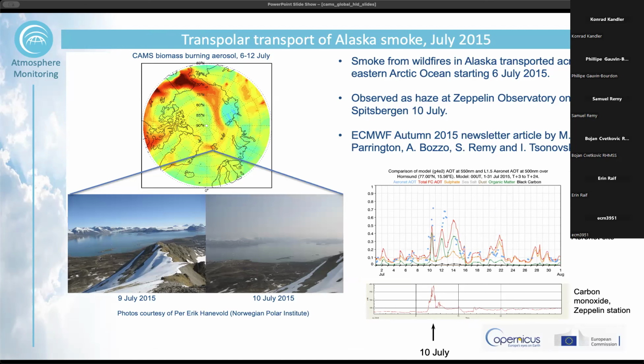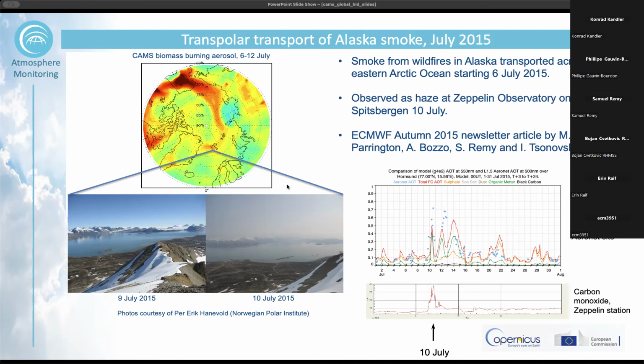This is a case from a lot of years ago, from July 2015. This was a smoke transport episode coming from Alaska over the eastern half of the Arctic and reaching Svalbard. Again, similar to some of the haze photos that we saw yesterday, these are two photographs from the Zeppelin station, looking in the same direction on two successive days, and we can see very clearly hazy conditions in relation to this smoke transport.